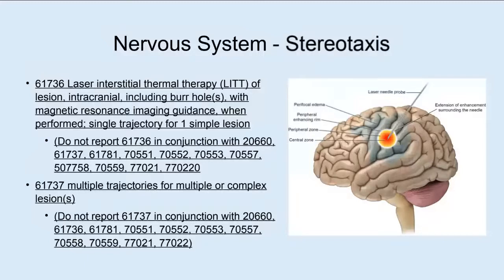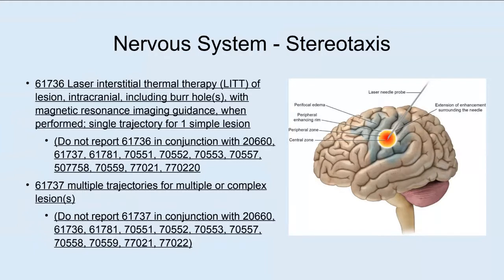So new codes were added to the nervous system for the sections we're going to talk about in this video. The majority of them are in the nervous system. So we have new code 61736, laser interstitial thermal therapy, LITT or LIT, of lesion intracranial, including burr holes with magnetic resonance imaging guidance when performed, single trajectory for one simple lesion.